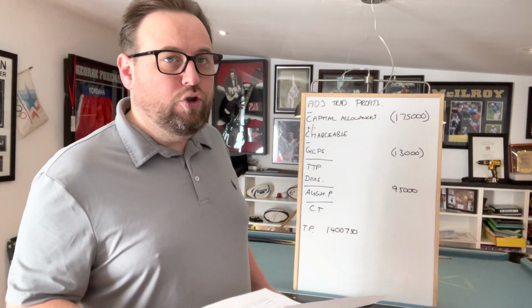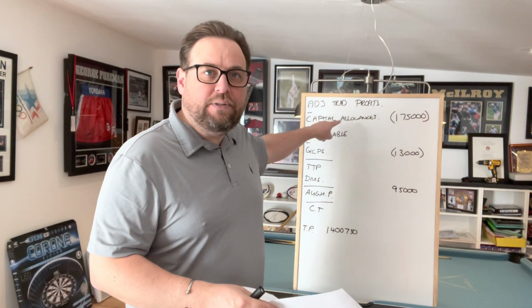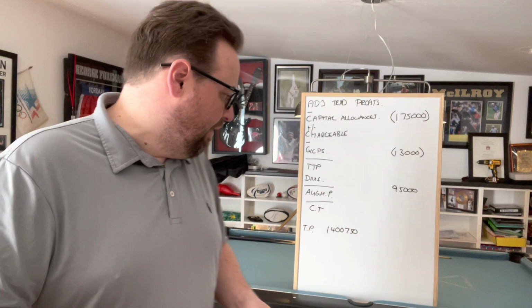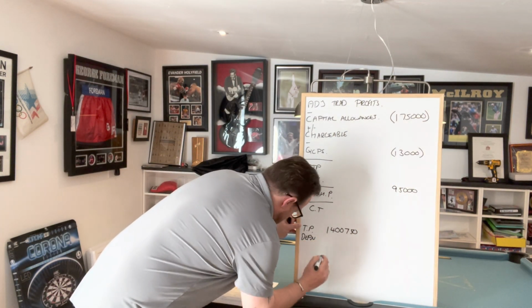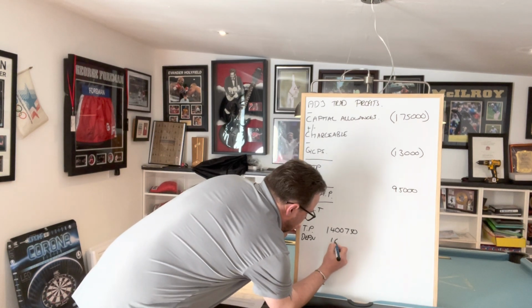Depreciation of tangible assets. Depreciation always needs added back for corporation tax. All non-current asset items are dealt with under capital allowances. So anything to do with non-current assets, whether it be profit or loss on disposal or depreciation, all needs reversed out of there. So depreciation needs added back.